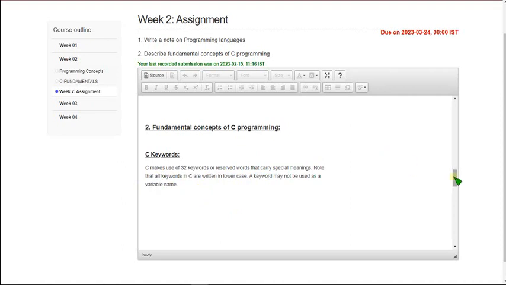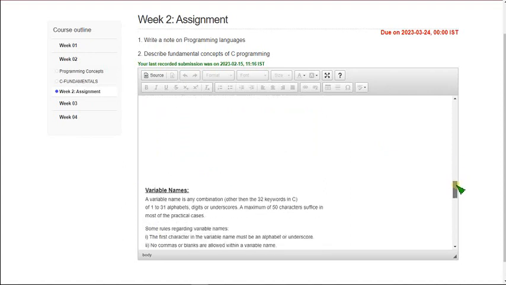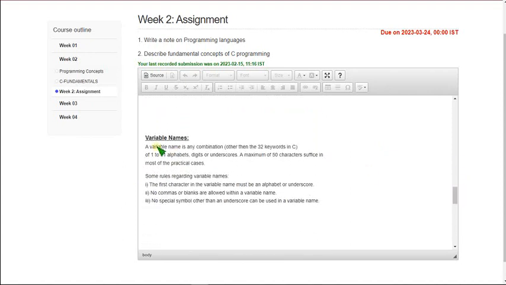I will show you the next one regarding the second question. Note this one. The next concept in the second question is variable names. A variable name is a combination of 1 to 31 alphabets other than the 32 keywords. I have already told you that we should not use keywords as variable names. There are three rules.